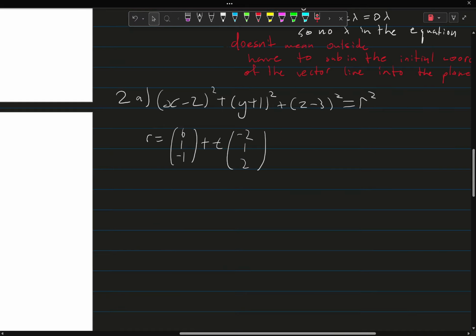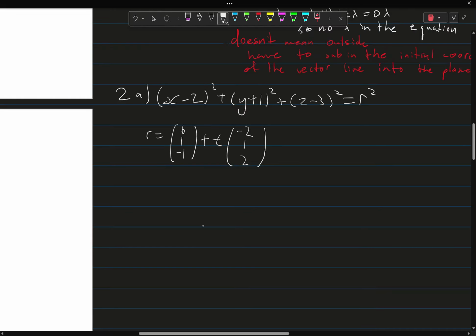Let's think about the question in terms of 3D space. Dot product with P minus C and D, where P is the intersection.